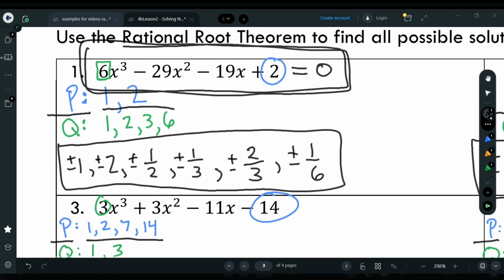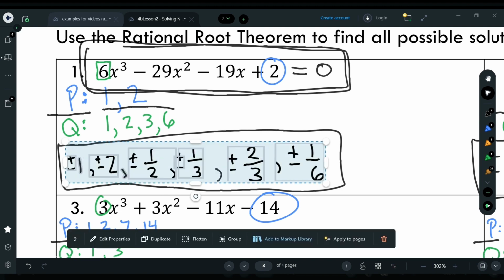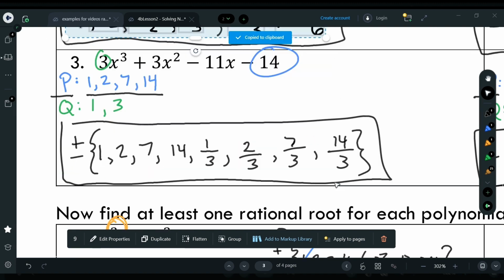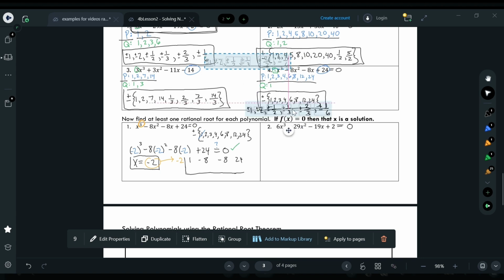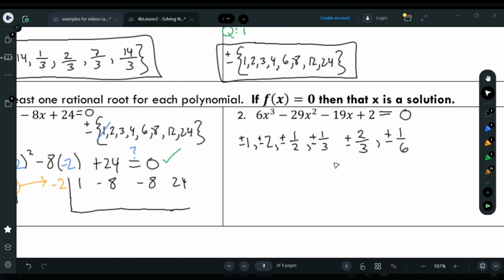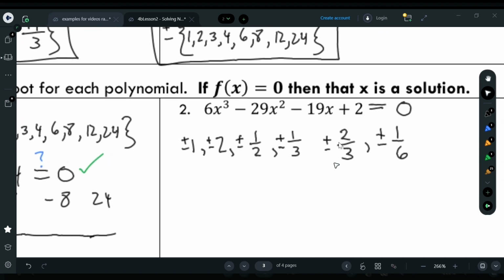Number 1 up here, exact same equation. So let me copy these. All of these right here are the possible solutions. So let me bring that down here. Okay, that's what we got. Those are the possible solutions.